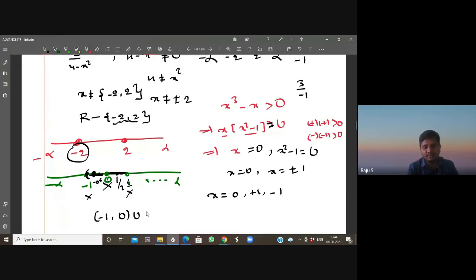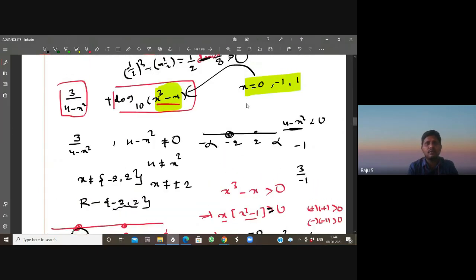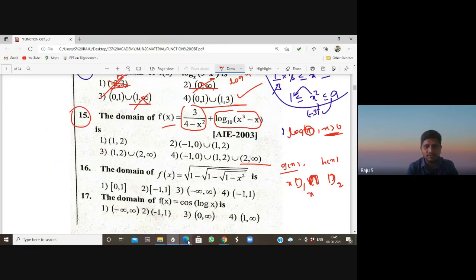Am I right, students? Yes, sir. 1 by 8 minus 1 by 2 is again a negative value, so it does not exist. So the required region is the fourth option. The fourth option is right.